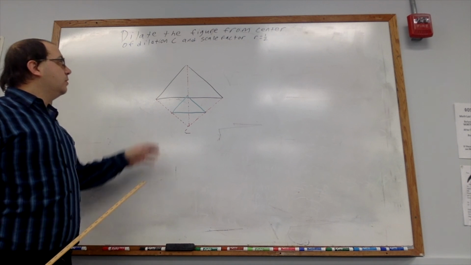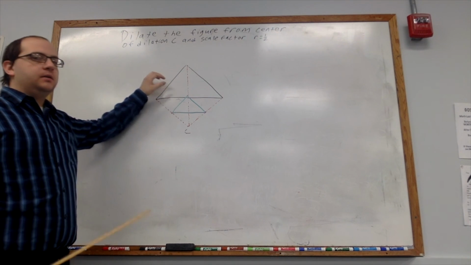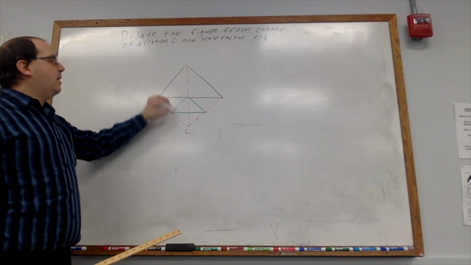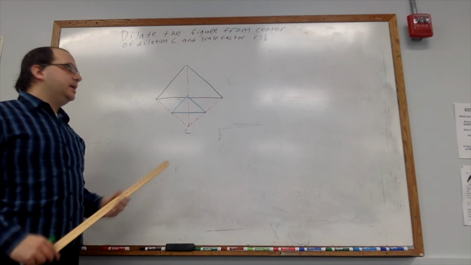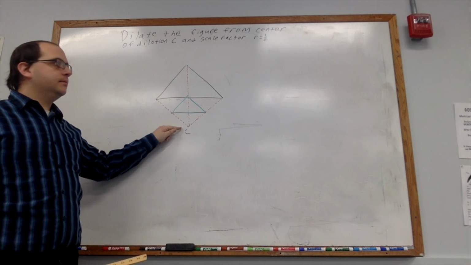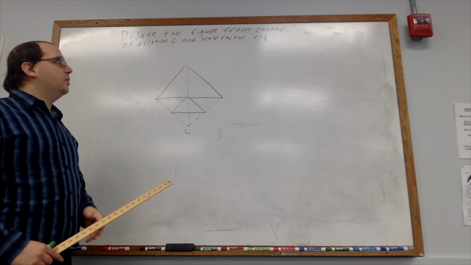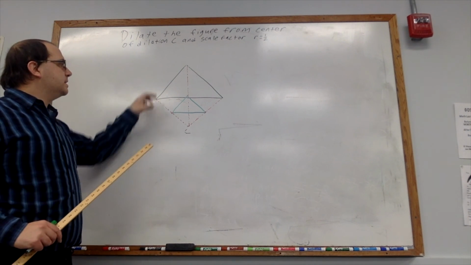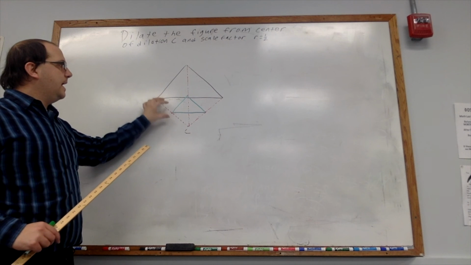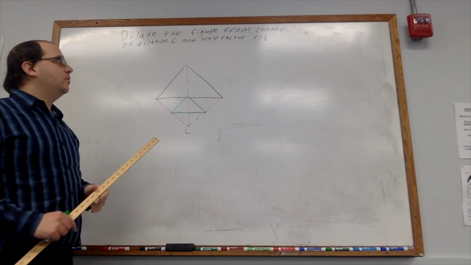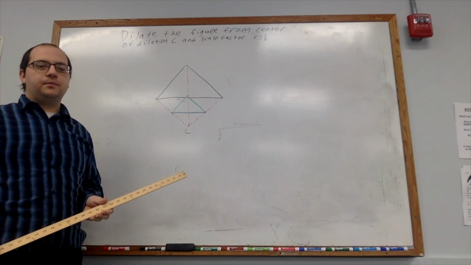So, we just dilated this figure by 1/2. It's now half the size, but it's also half the distance to C. Those are the two things a dilation does. It makes it smaller, but also makes it half the distance, with the scale factor of 1/2.